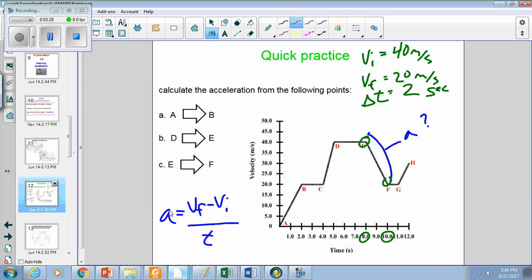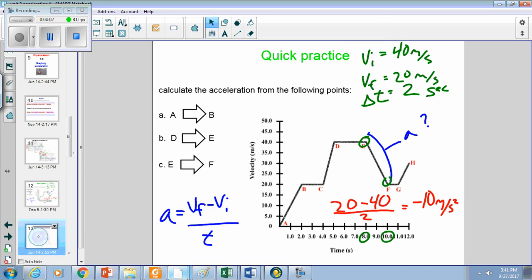So when we go to figure out our acceleration, what we end up having is 20 minus 40 divided by 2, and you should get negative 10 meters per second squared for an acceleration. What this is saying is our velocity is changing by negative 10 every second that time goes on.